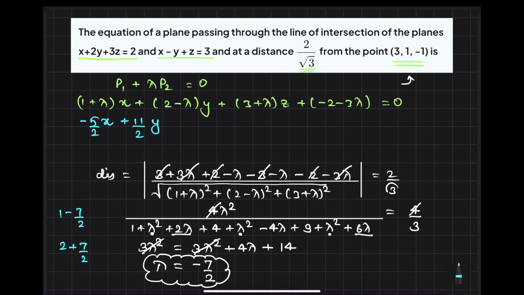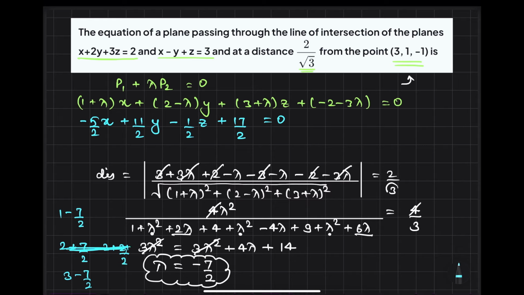Then it is 3 minus 7 by 2, so it is minus 1 by 2 z. Then it is minus 2 plus 21 by 2, so it is 17 by 2. Okay. So this is your equation.